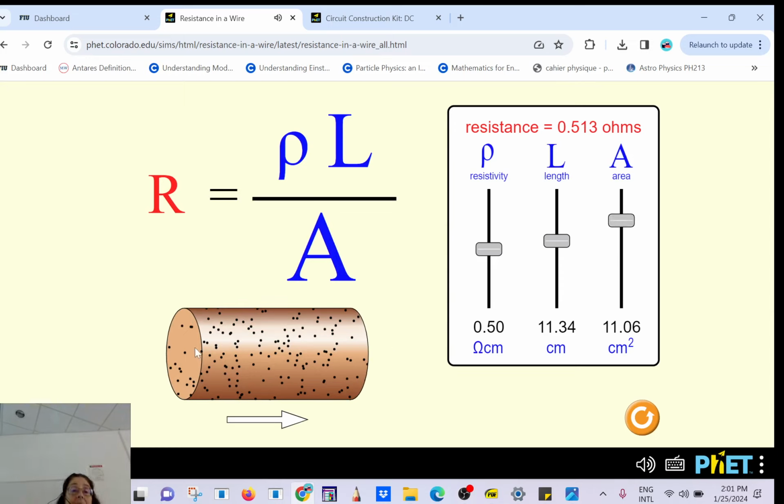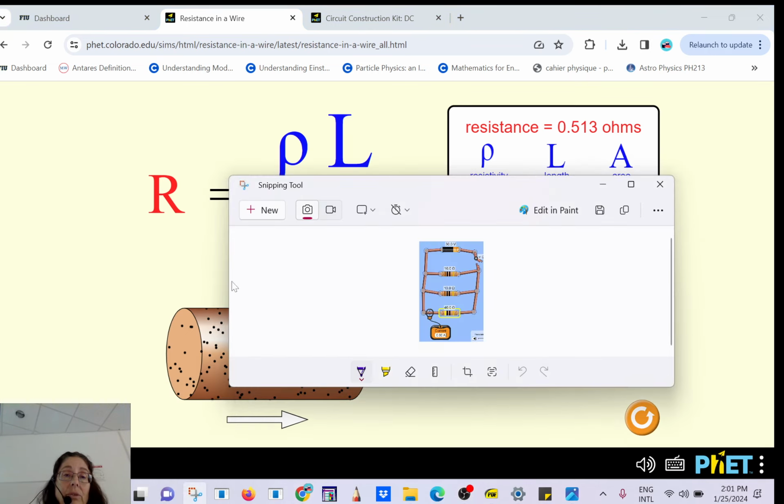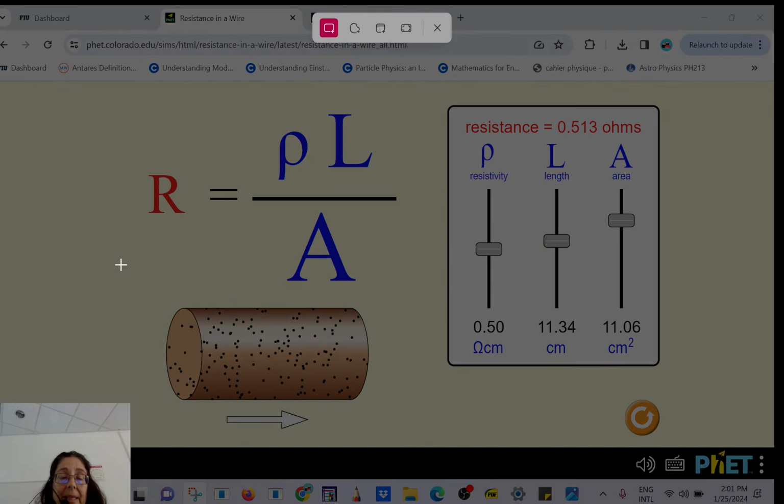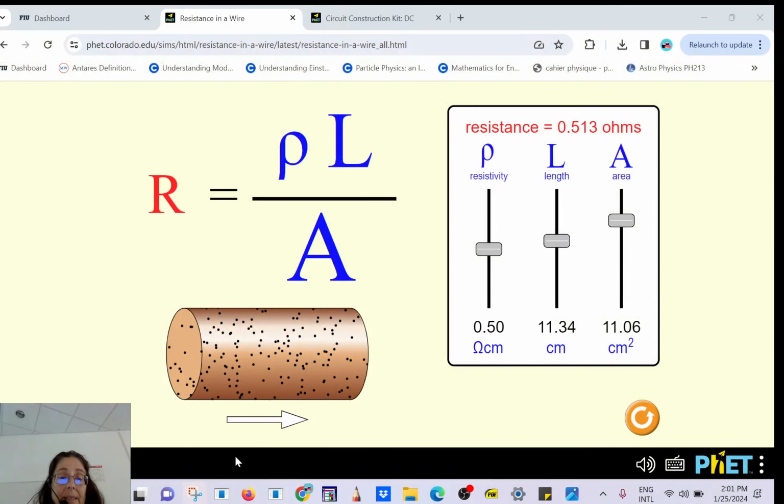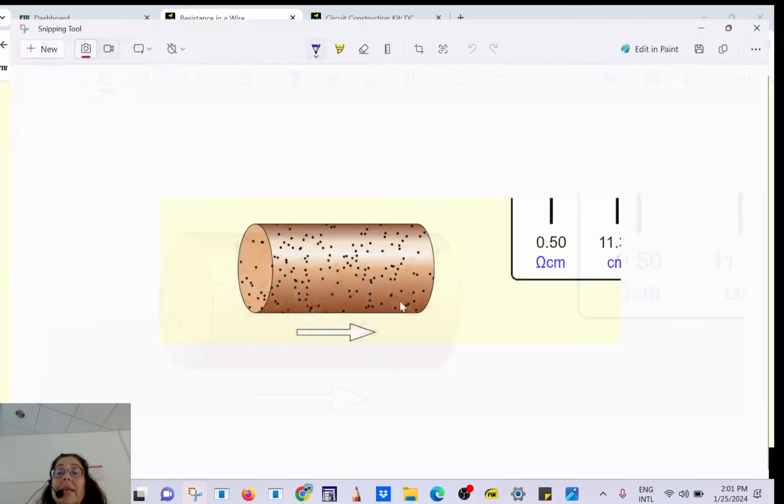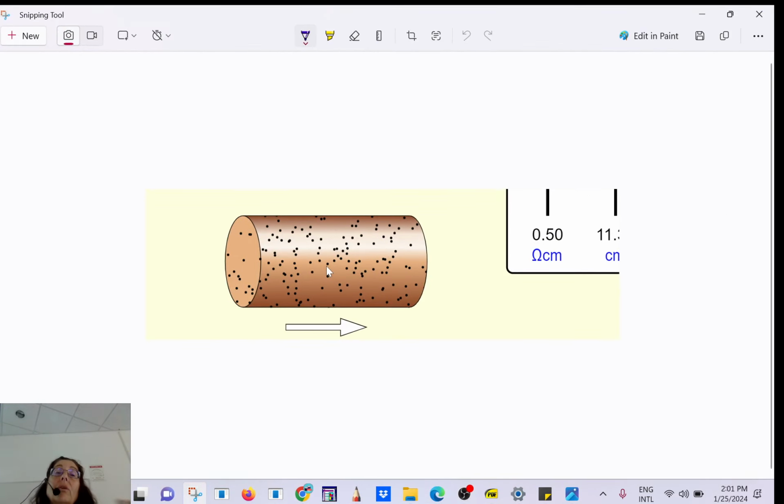So a resistance like a connecting wire or any load. Each time you have a resistance or a load, and I will show you an example, so it could be a connecting wire, it could be a load or a resistor, it will convert electrical energy into heat.